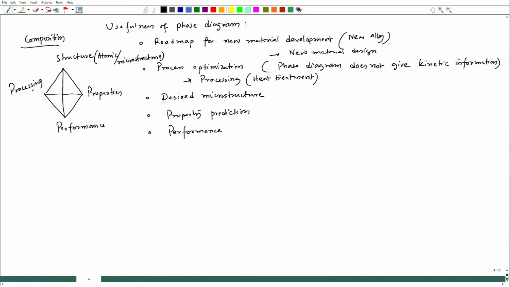So, it is very clear that the phase diagram gives a lot of information and a lot of ideas for the next level of development. Now, once we learn this, let us look at some of the variables.